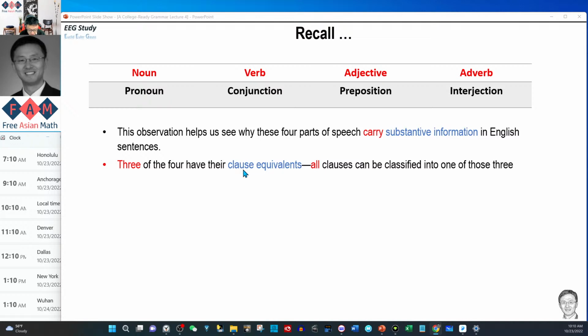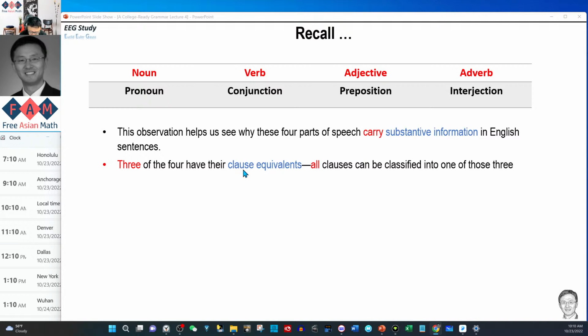We have essentially 3 categories of clauses, and they map actually to 3 of the 4 parts of speech here. They are noun, adjective, and adverb, because each clause logically should be equivalent to one of those 3 parts of speech.